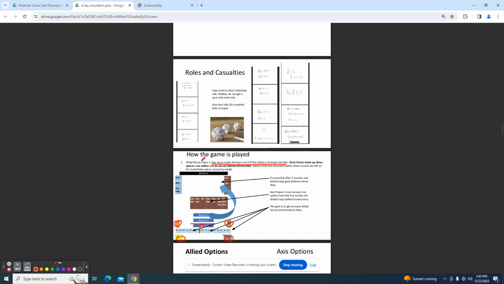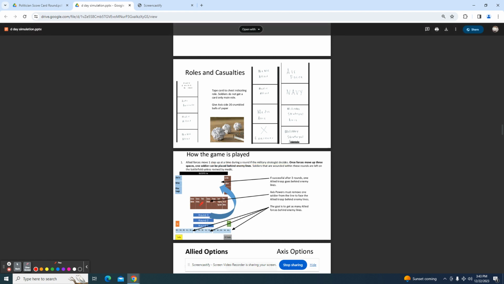In that same round for the other side, at that point, the German side needs to figure out what to do. If the German side makes the decision to try to hit one of the students with a curled up piece of paper, the military strategist will direct one of the students within this file here. If any of those particular students are hit, that student is out for the round.